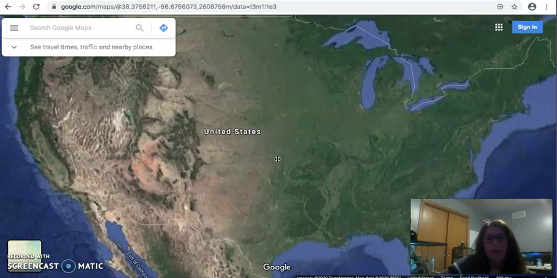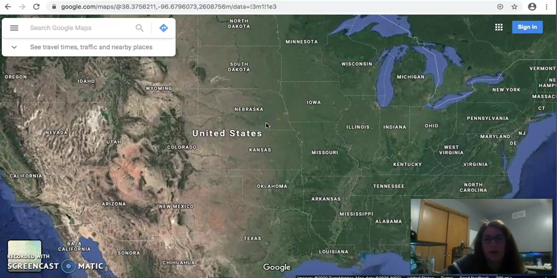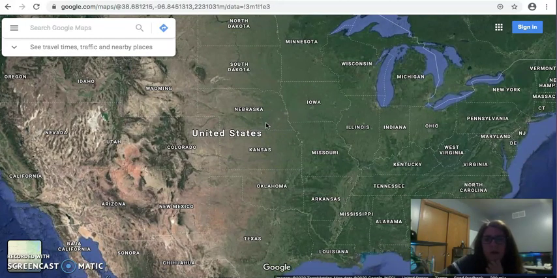So for example, if I live in this area, which actually is about where Nebraska is, we have a certain type of land. We may not have all the mountains that are in other states, but how does our land affect us? And then if we were over in, say, this area, how would the land and the water be different for us, and how would it affect our lives?